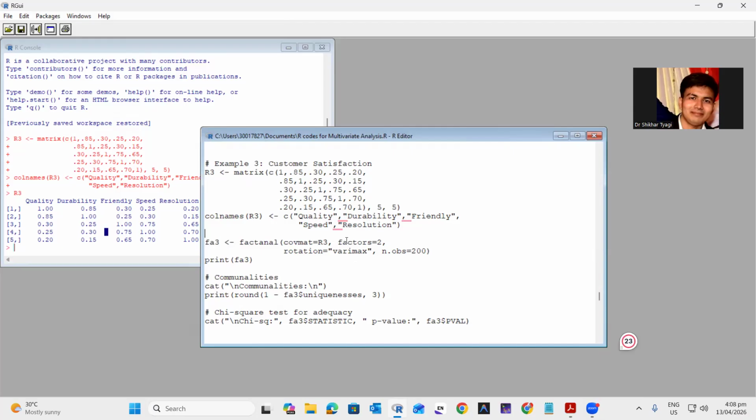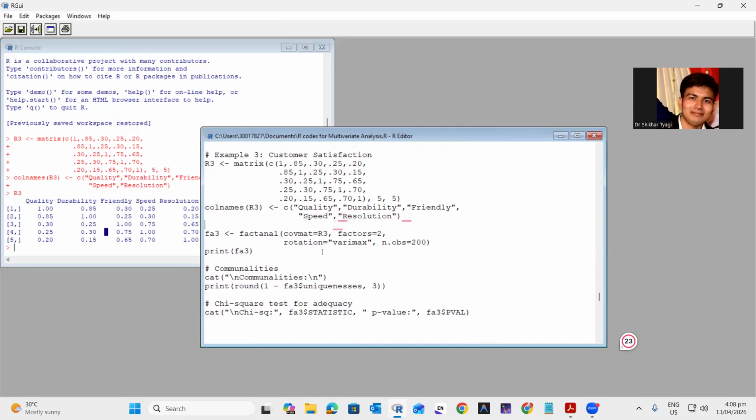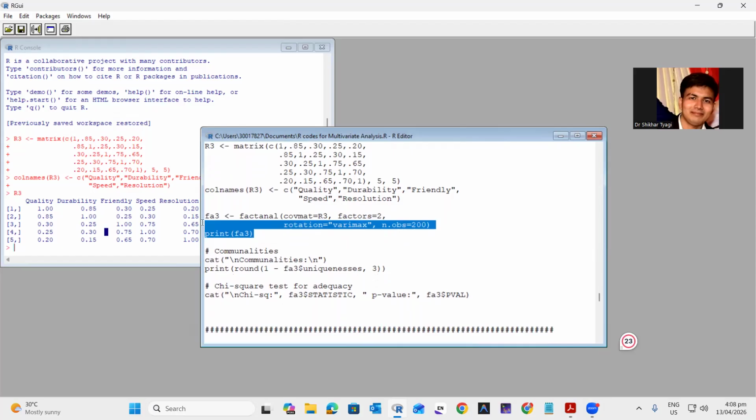And n.obs equals 200 means the number of observations assumed in the sample is 200. This is needed because when you give a matrix instead of raw data, R still needs a sample size for the chi-square test. After that we will print FA3.